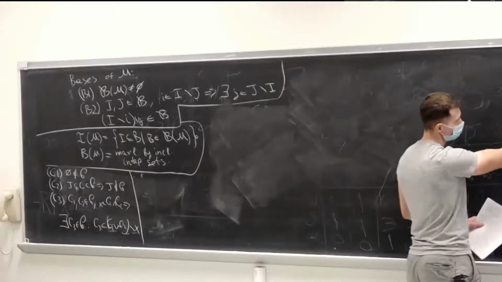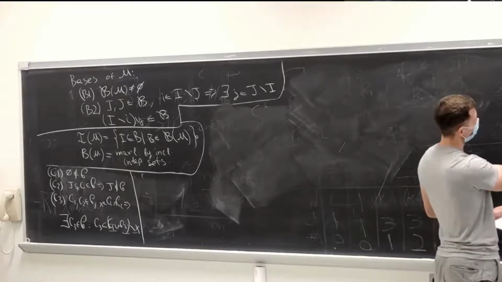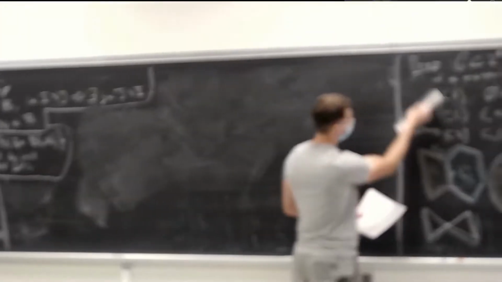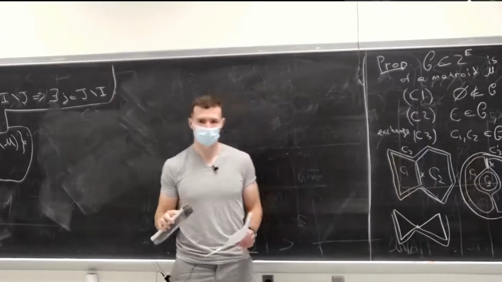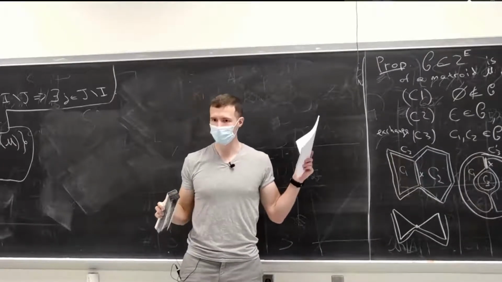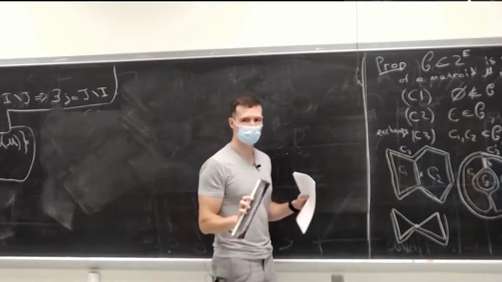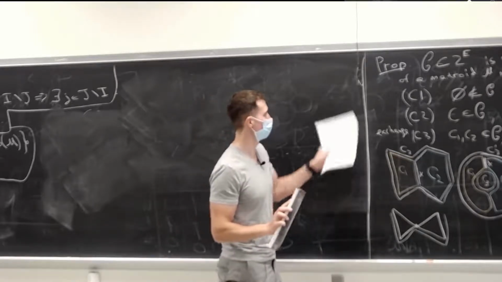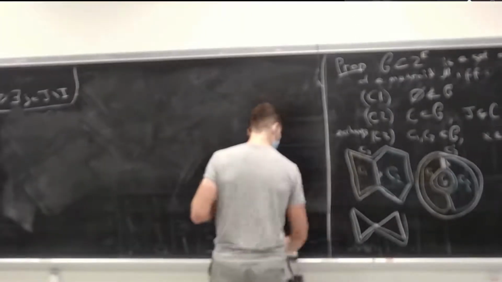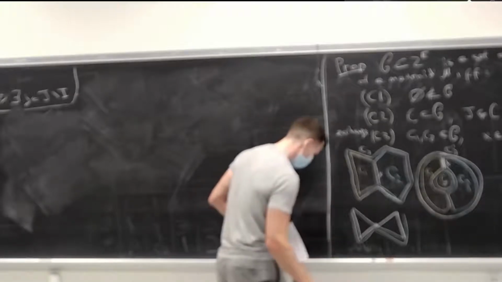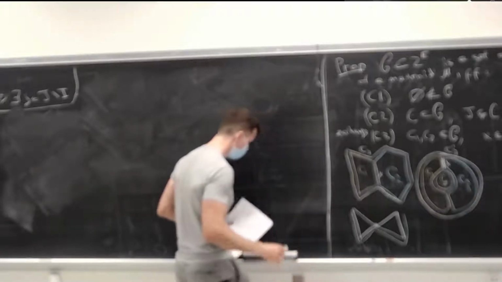By the way, the proposition is that this gives you matroids as well. So now we have three different systems of axioms which all give you the same object. I haven't proven any of that, but there's an exercise.